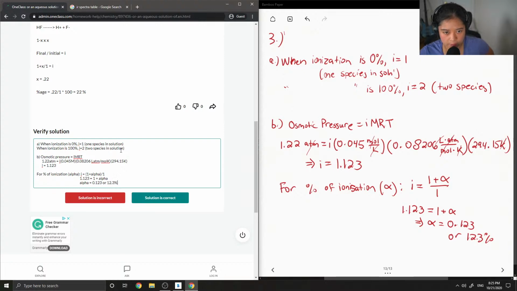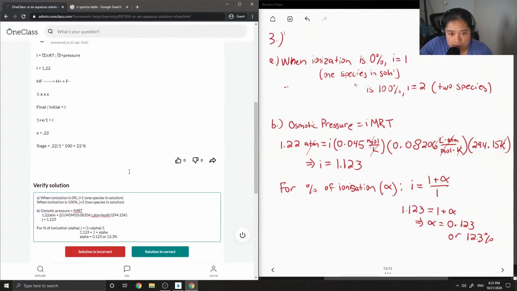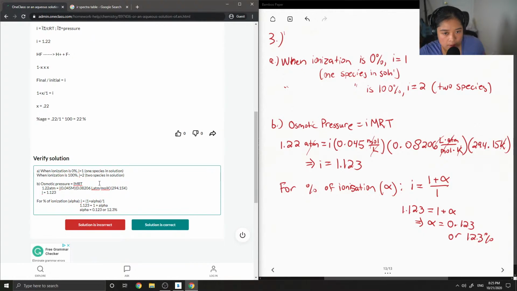Okay, so I just wrote out what I did just so that we're all on the same page. I'm not really sure what the tutor did in his work, so I just wrote it out in detail.